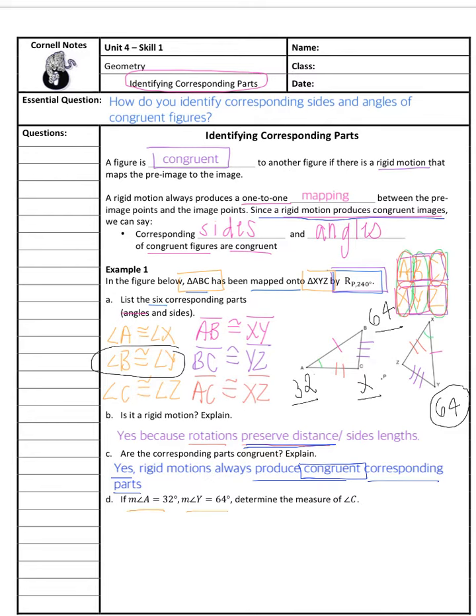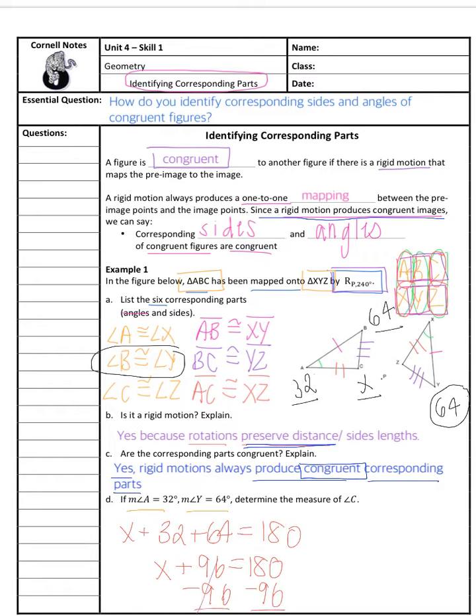So we can go back and use our property that says all the angles in a triangle add up to 180. So we can make a little equation that says x plus 32 plus 64 equals 180. If I add up 32 and the 64, I'm going to get 96. Take 96 away from 180.